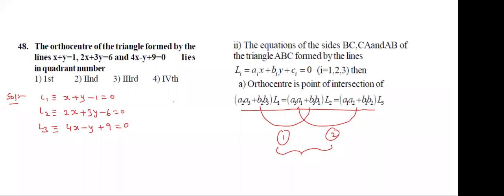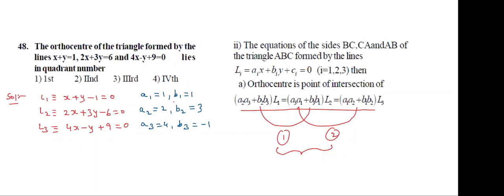In the first line, A1 value is 1, B1 value is 1. Second line, A2 is 2, B2 is 3. In the third line, A3 is 4 and B3 is minus 1.